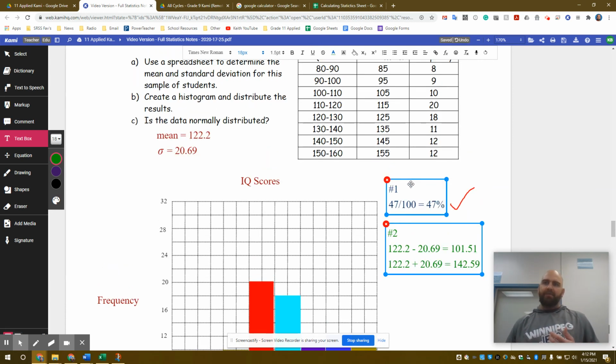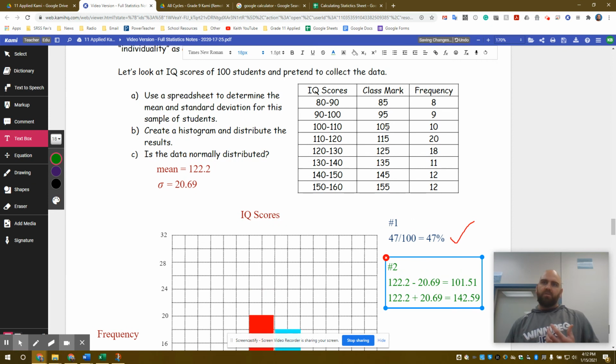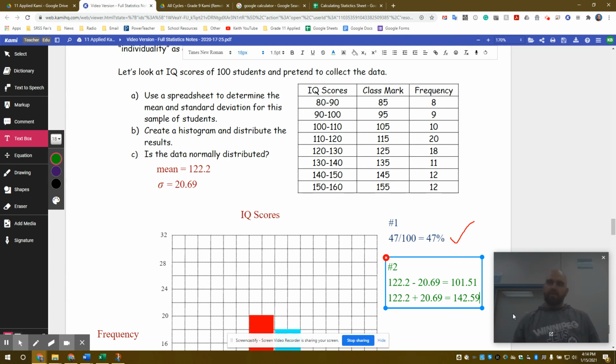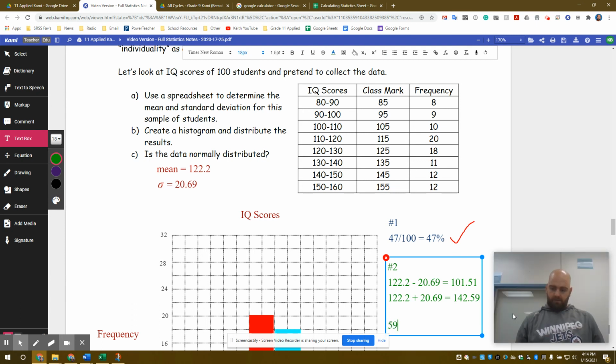Even if we use our averages, we're going to be between 105 and 135. So we have 10, 20, 18, and 19. That's 30 and 29, so that's 59, out of the 100, which is 59%.